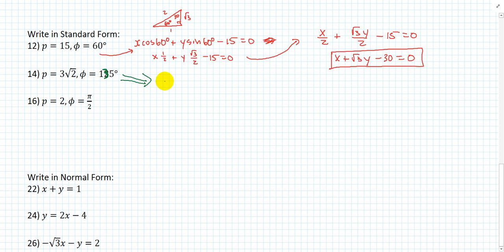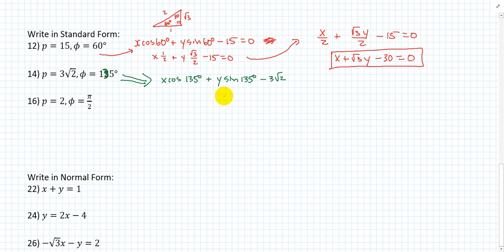And so again, this is going to be x times the cosine of 135 degrees, and hopefully you recognize that as a 45-degree angle, and y times the sine of 135 degrees, and this is going to be minus 3 root 2.